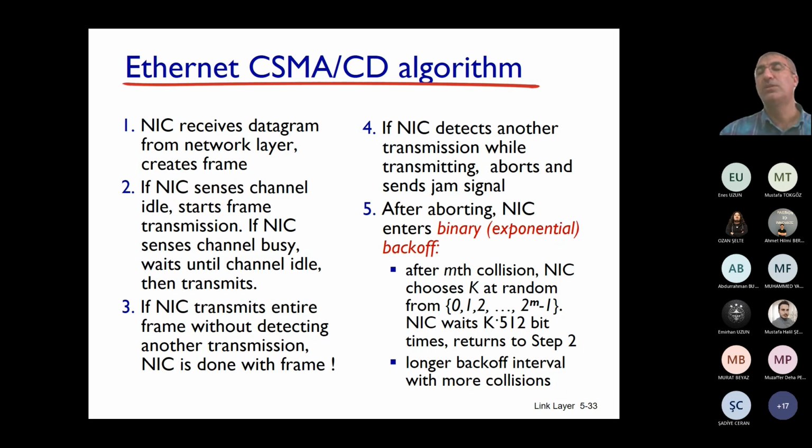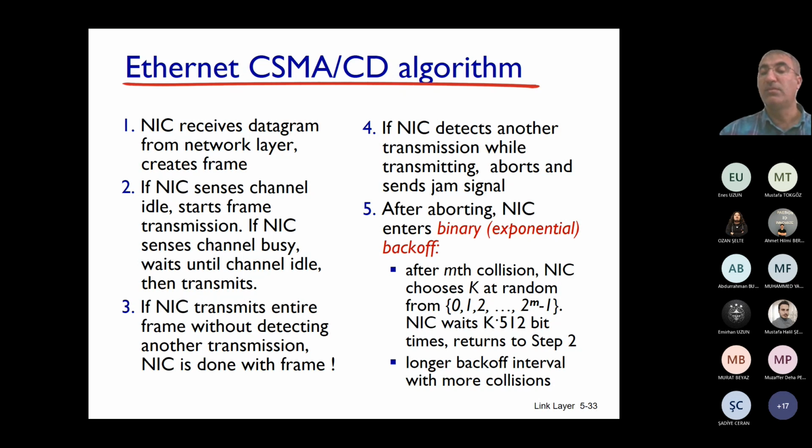But the question is how much time the NIC needs to wait, which is based on binary backoff. So it enters the binary backoff step. After the collision, the NIC chooses K at random, a random number, and it multiplies this K by 512 bit times.